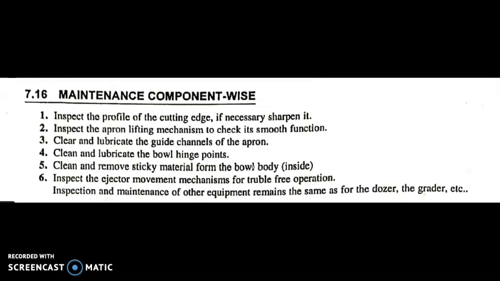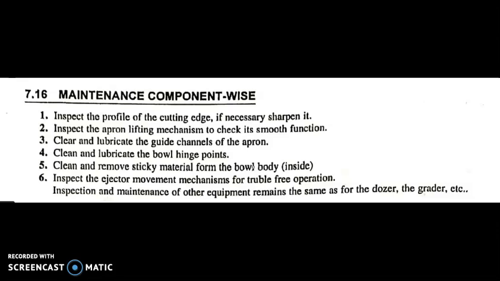After knowing the operation activities of the scraper, now comes the maintenance of this scraper according to component. Number one, inspect the profile of the cutting edge, and if necessary, sharpen it. Inspect the apron lifting mechanism to check its smooth function. Clean and lubricate the guide channel of the apron.